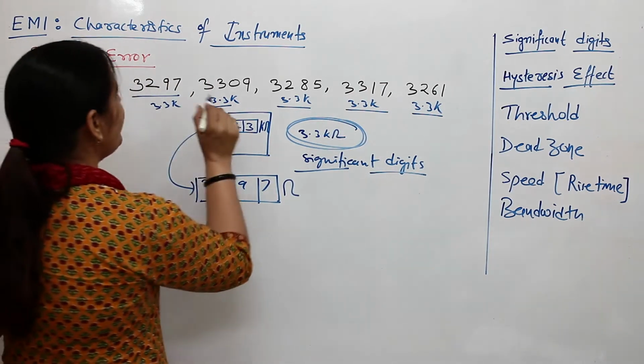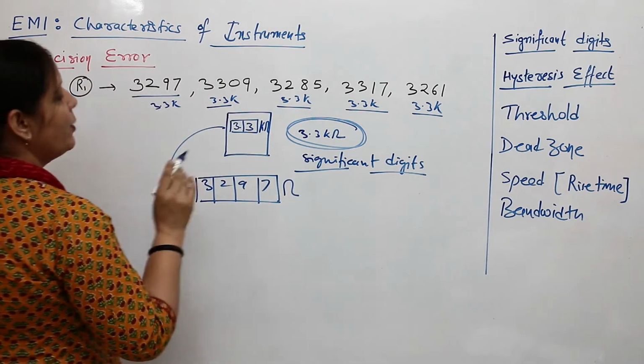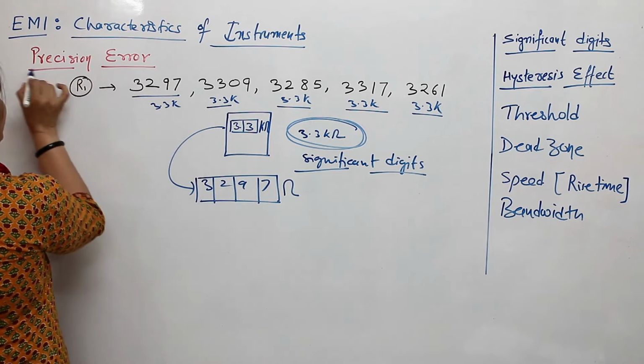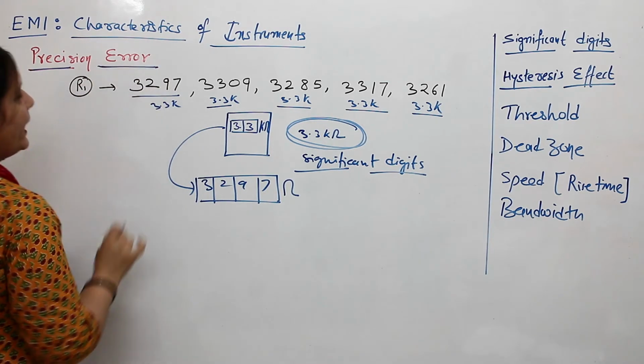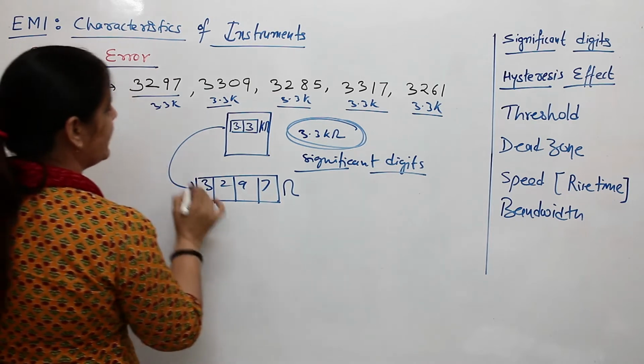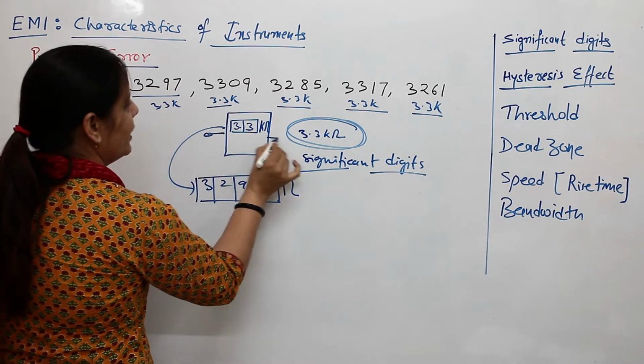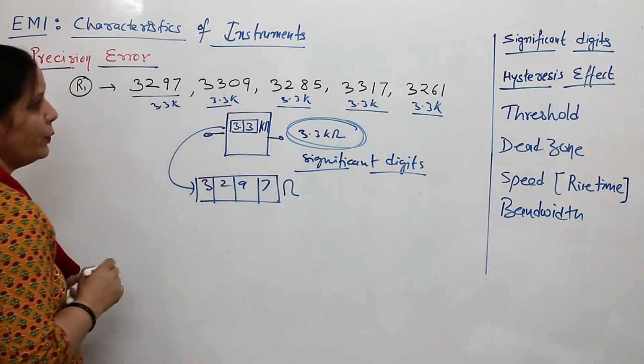Because of lack of significant digits, if there is an error in measurement, we define it as a precision error. To remove the precision error, we should have sufficient significant digits in the display of the measuring unit. I think this is clear to you.